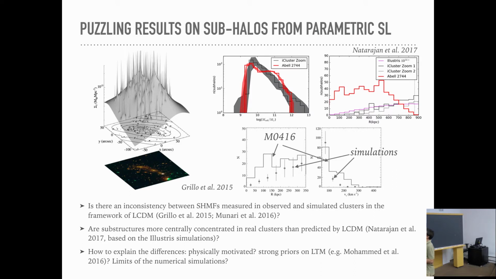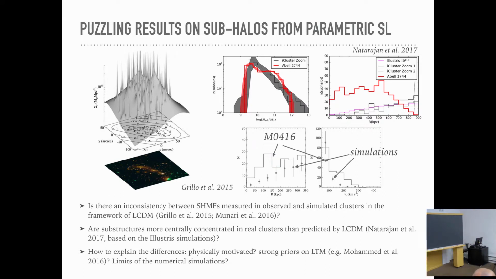And also there might be an excess of subhalos that are, again, massive subhalos near the center of the cluster, which is completely missing in the numerical simulations, as you can see here in this plot.